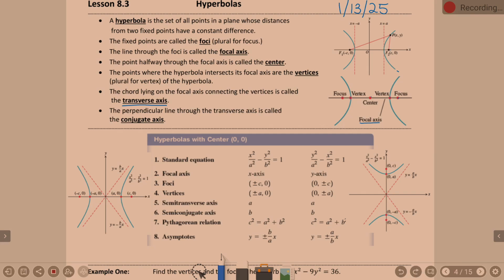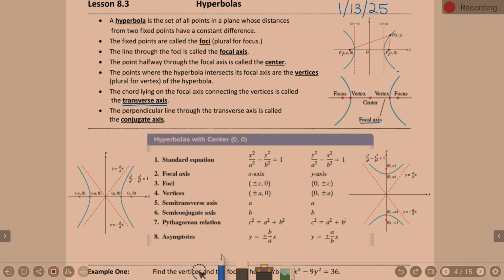A transverse axis and major axis are very similar in what they're doing. The major axis was the longer axis, the one that determined which way our ellipse went. Here, I won't say the transverse axis is necessarily longer, that's a little bit different, but it is the one that determines which way our hyperbola goes.